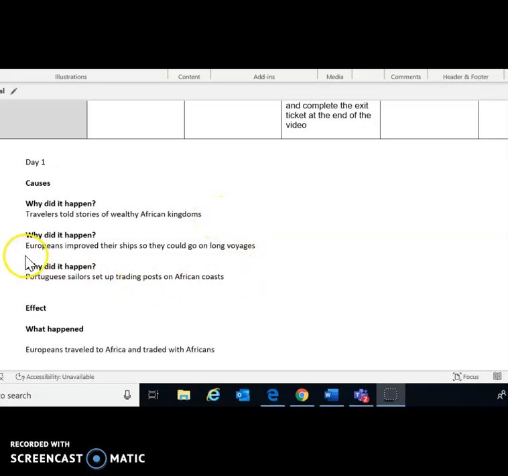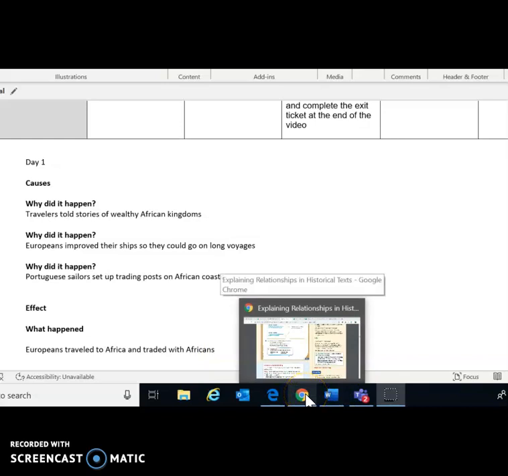The second cause event was Europeans improved their ships so they could go on long voyages. And the third event, which was the cause, was Portuguese sailors set up trading posts on African coasts. And those 3 events led to the effect of Europeans traveling to Africa and trading with Africans.